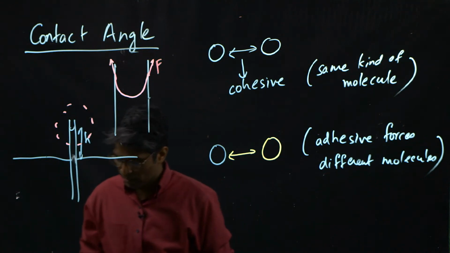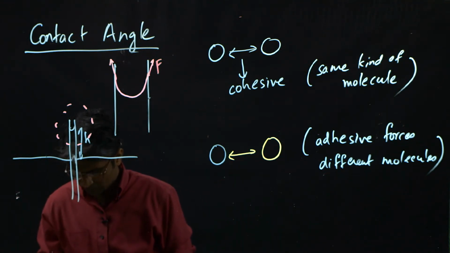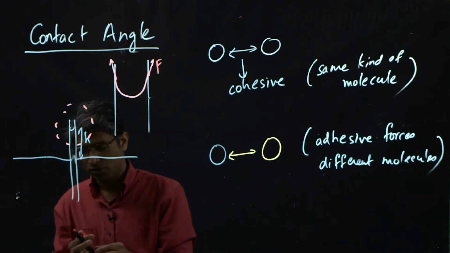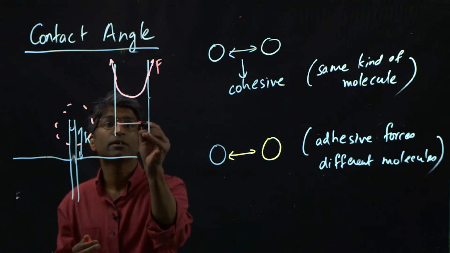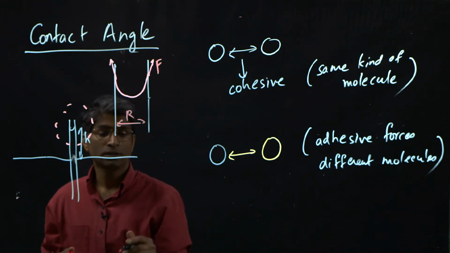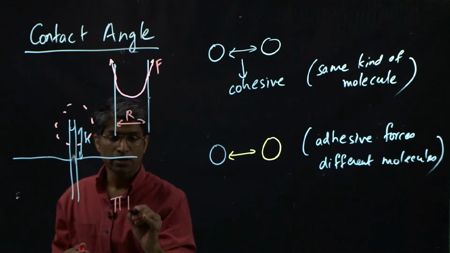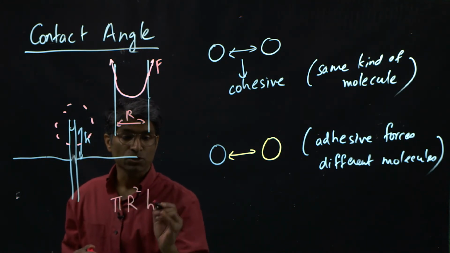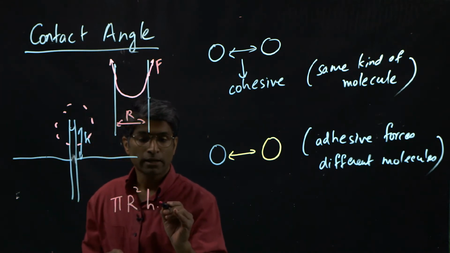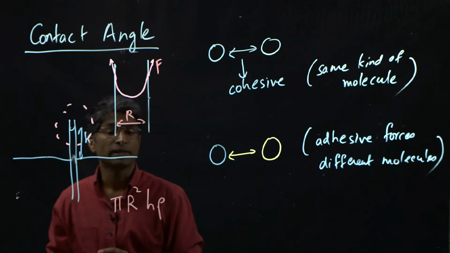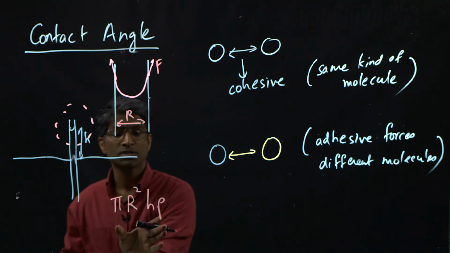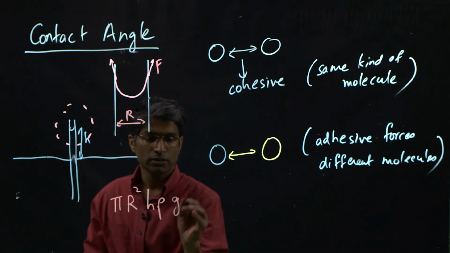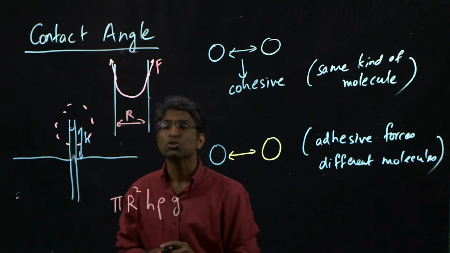So a quick force balance would give me, if the radius of this tube is r, then pi r squared, that's the cross section, times h, that's the volume, times rho, density, so this whole thing is the mass, times g, that's the total force.